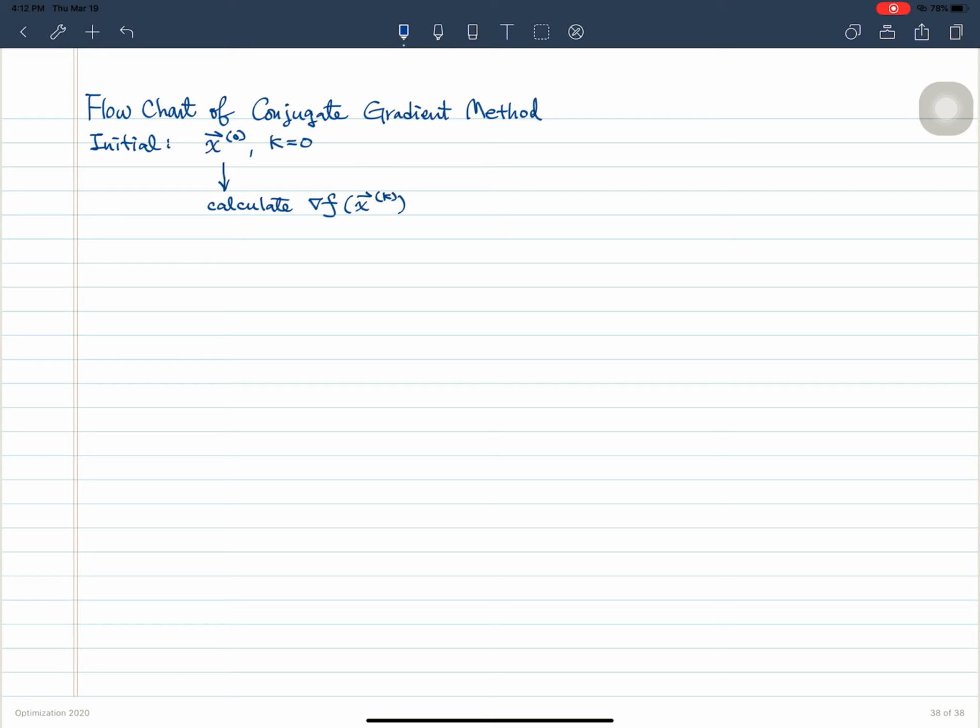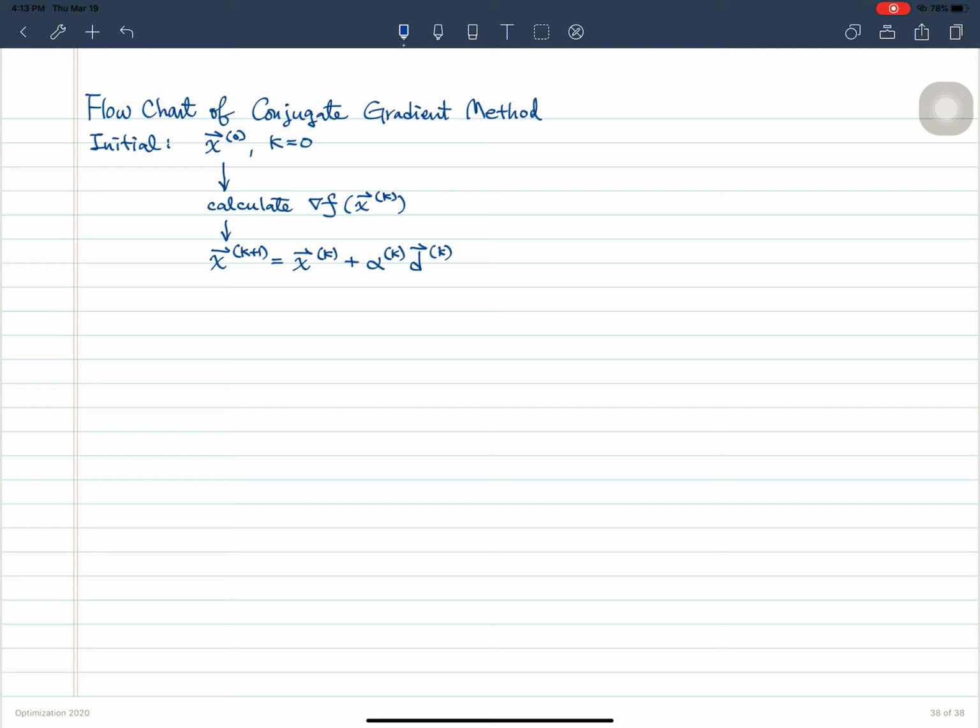Okay. Let me make a more clear version of this. Once we have this, we know our x_{k+1} will equal x_k plus some alpha times d_k.